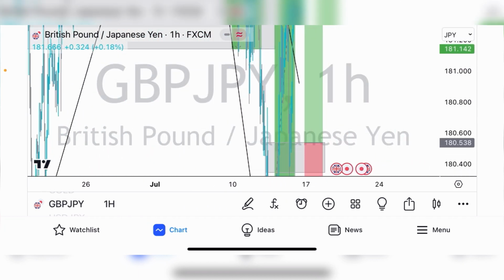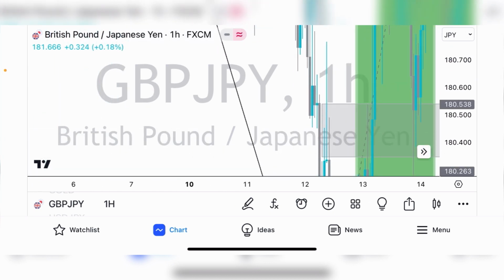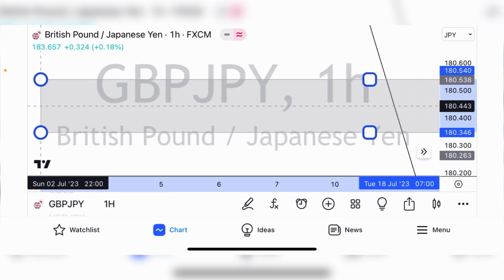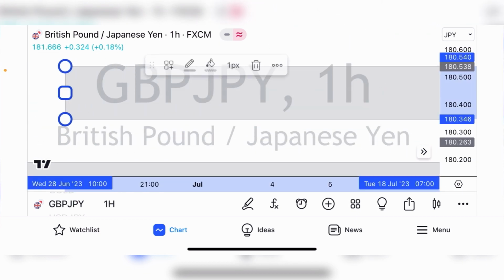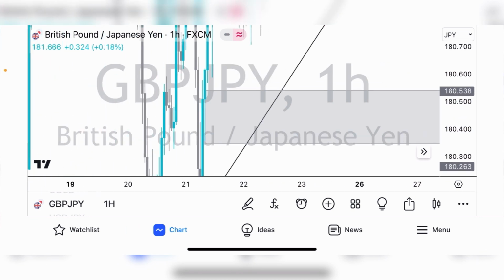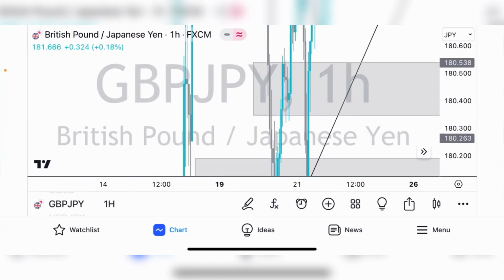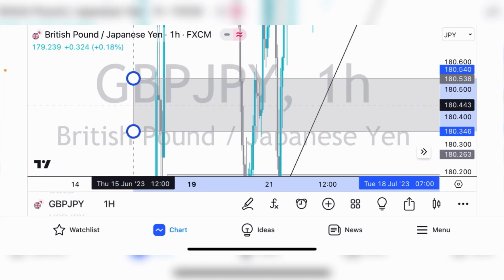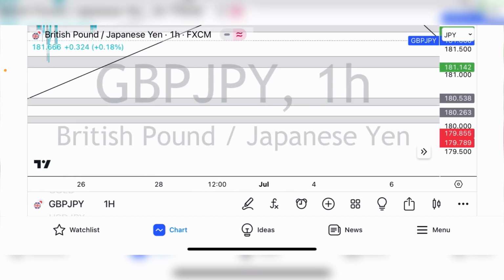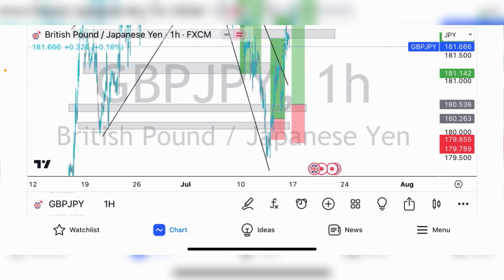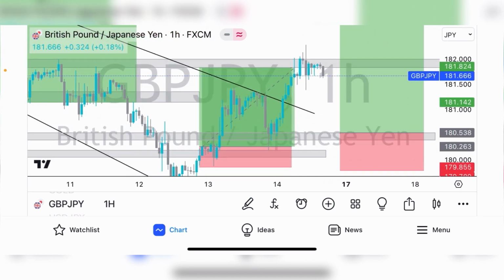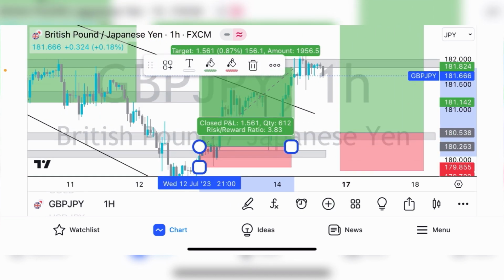Yeah, this is another opportunity I see. On GBPJPY we could be looking for buys. It could be a retracement, then buys. Reason being that the market created a pattern, and when it created the pattern, we had a breakout around here.